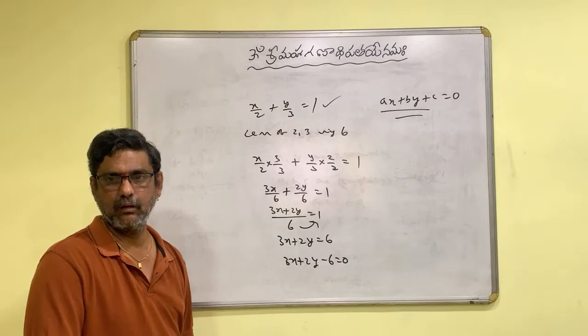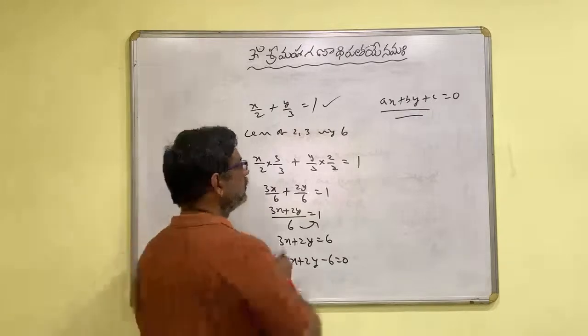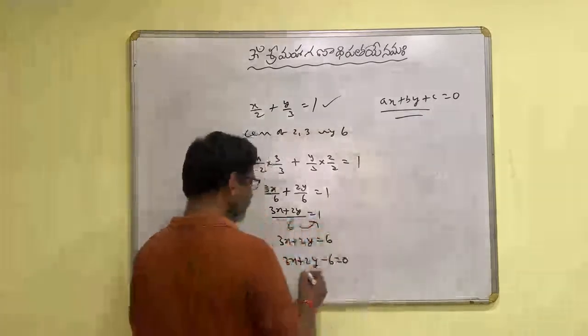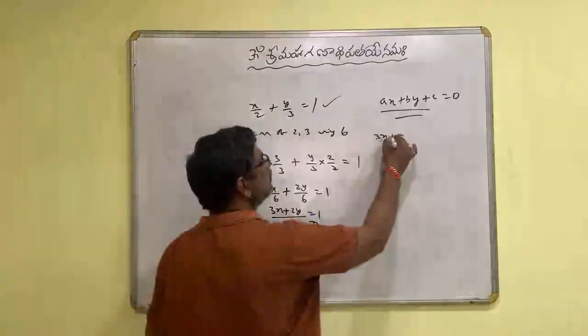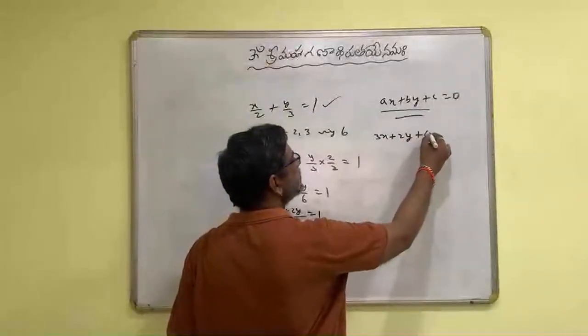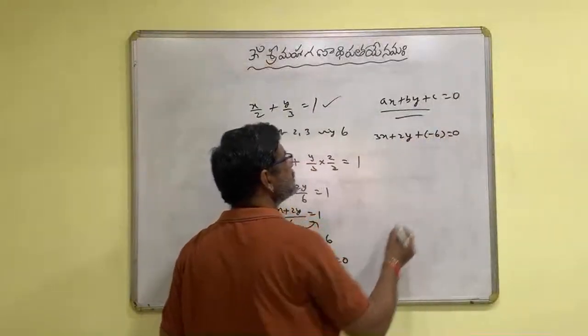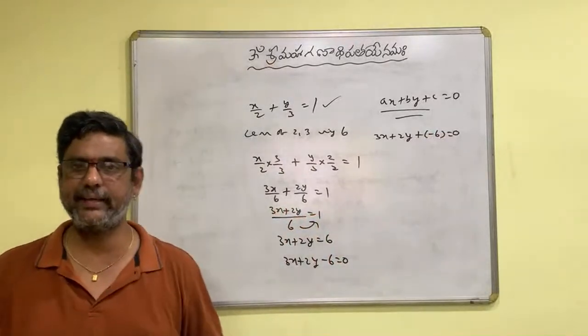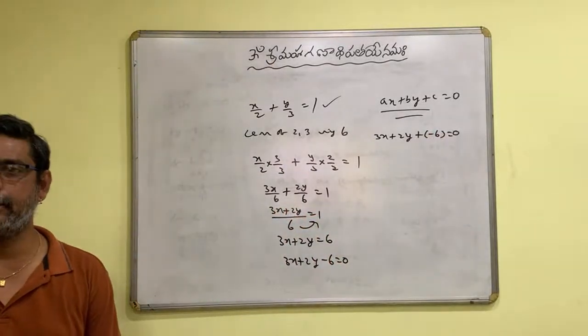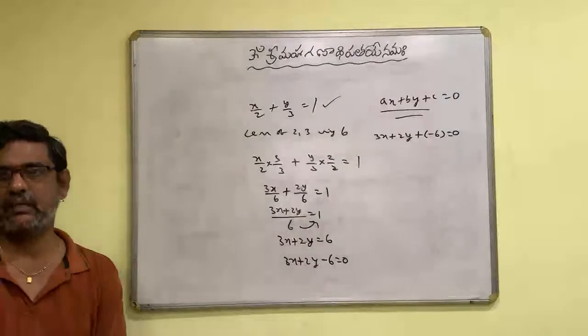Okay. Now represent in the general form. 3x plus 2y plus (minus 6) is 0.